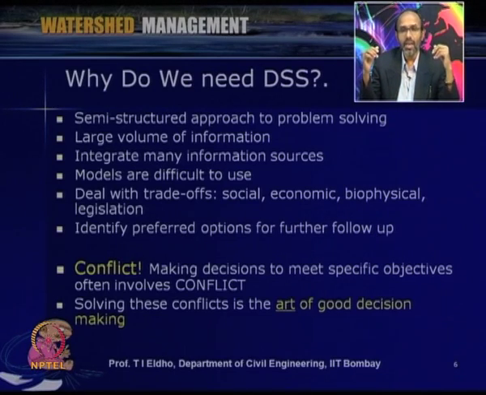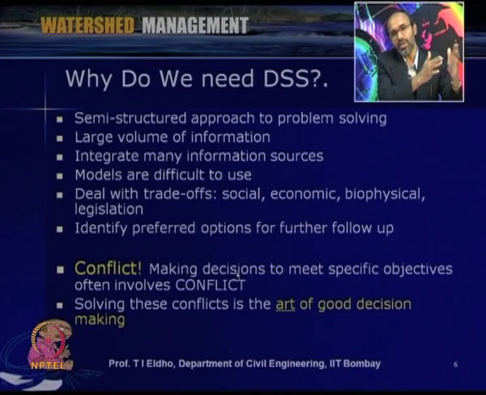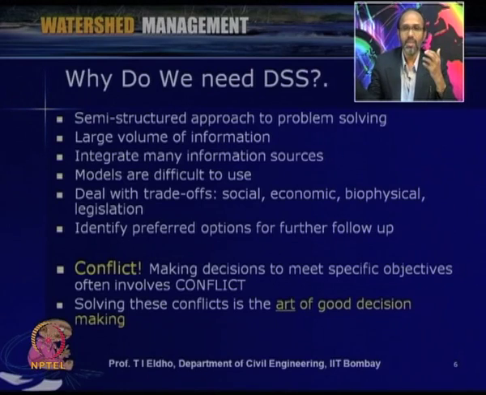Generally, when a particular decision is to be made by the decision maker, various alternatives will be there, and to meet the specific objectives, conflicts will often arise. If you implement a particular scenario or plan, there will be certain problems, and with another scenario some other problem. So solving these conflicts is the art of good decision making.